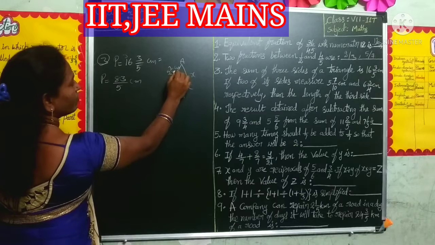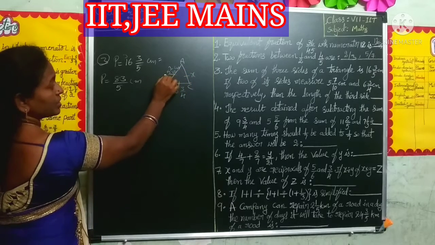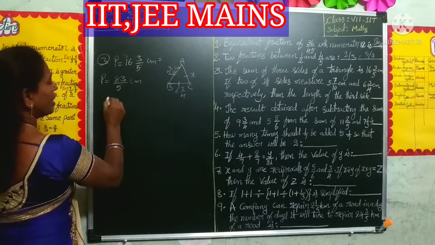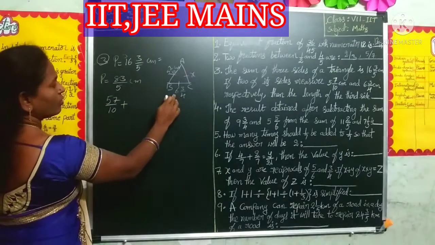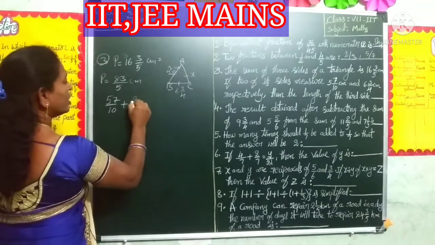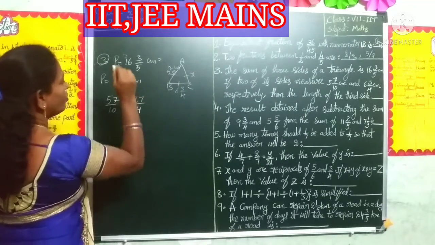5 7 by 10: 10 times 5 is 50, plus 7, 57 by 10, plus 6 3 by 4: 6 times 4 is 24, plus 3, 27 by 4.